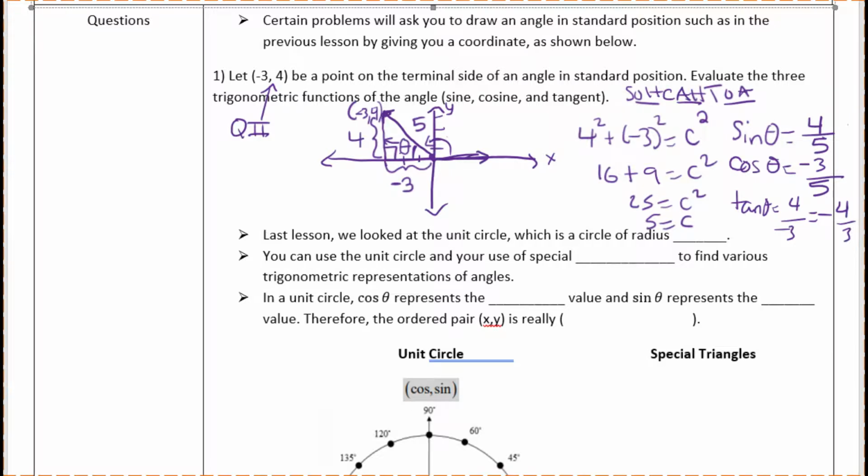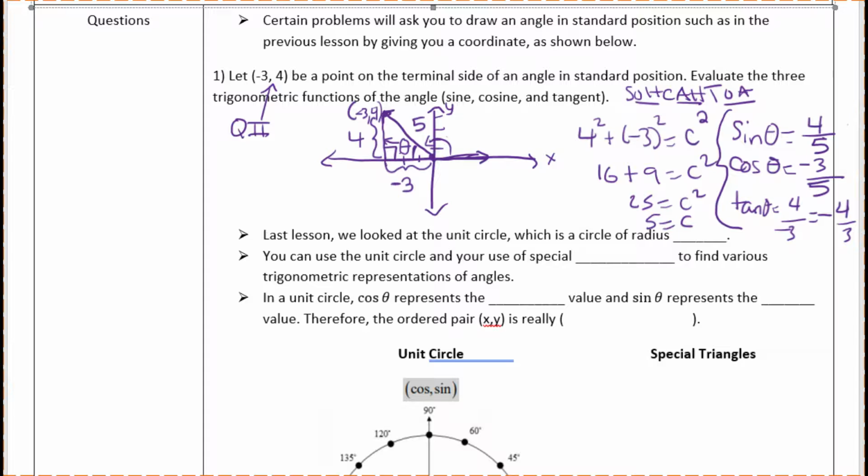Those are your answers for the trig functions. You should be able to do this for any coordinate that I give you. You just set up a right triangle, label the sides, find the hypotenuse, and then you can find the trig functions.